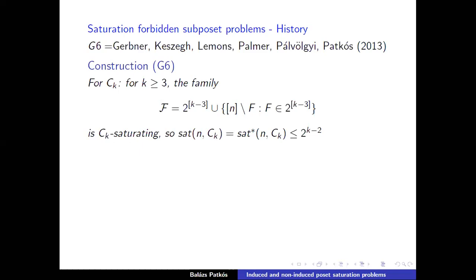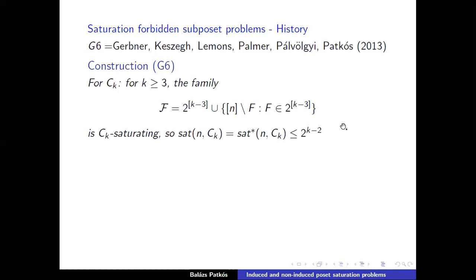So we observed that if we consider the chain of length k, then here's a construction that works for any n. Take small sets, in the sense that you take the first k minus 3 elements of your ground set, take all the subsets of this part of the ground set, and take their complements. Here we have 2 to the k minus 3 sets and their complements, so altogether that's 2 to the k minus 2.